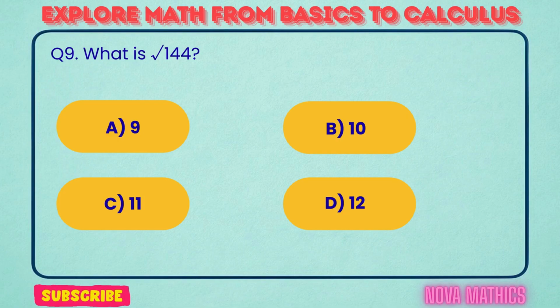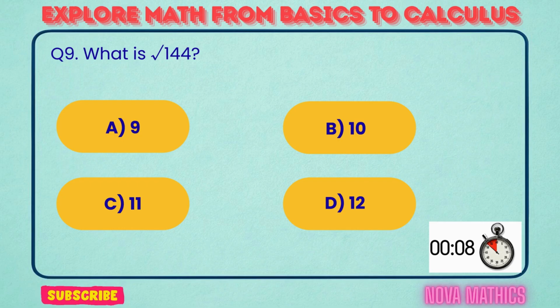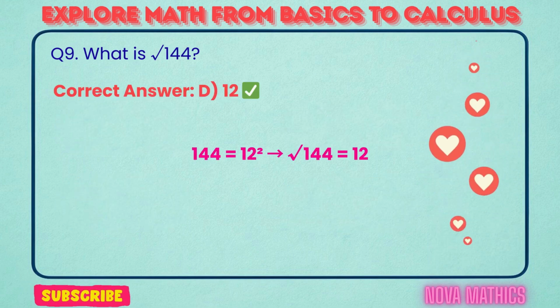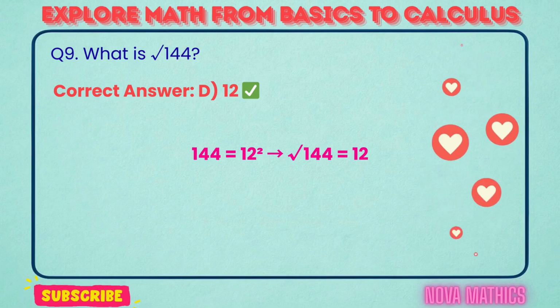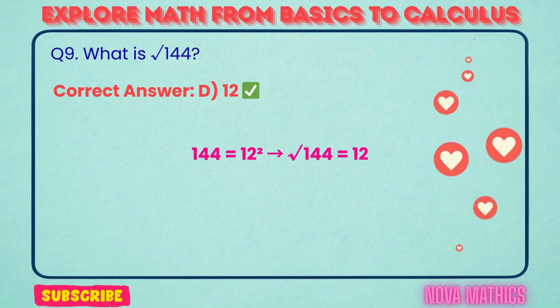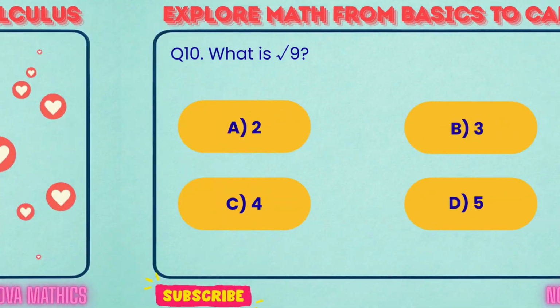What is the square root of 144? Correct answer is 12. 12 squared is 144, so the root is 12.